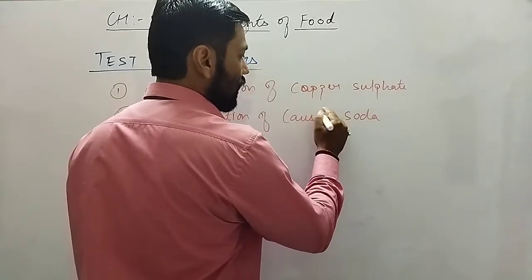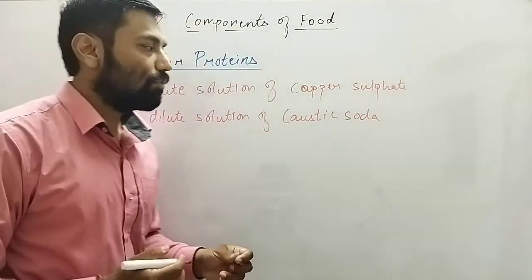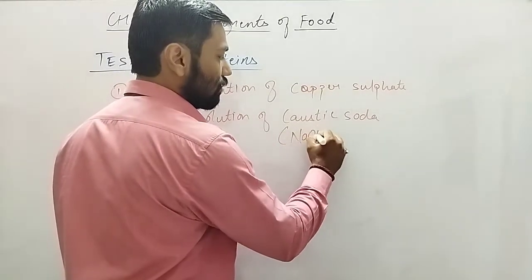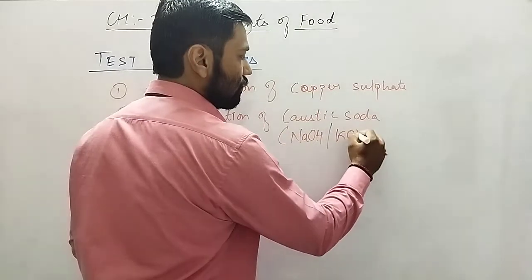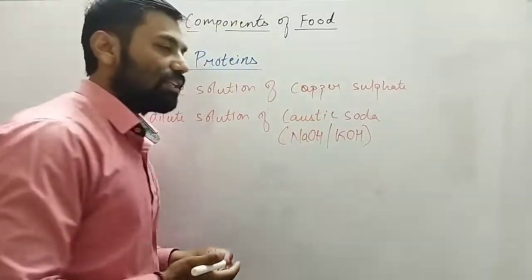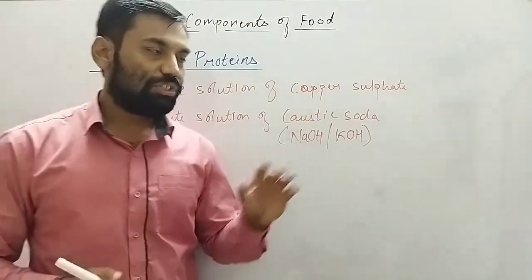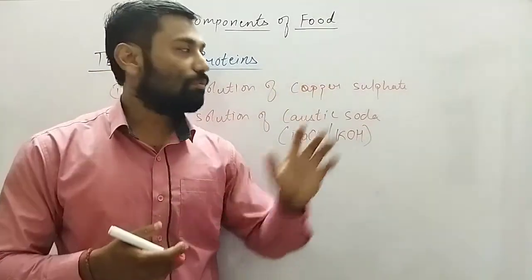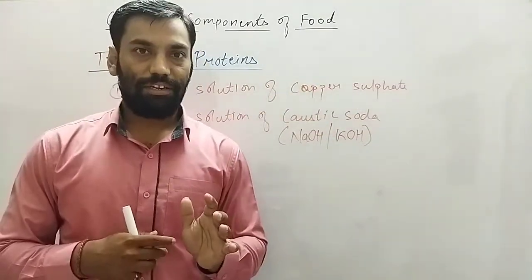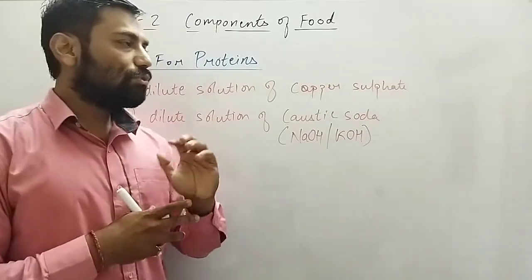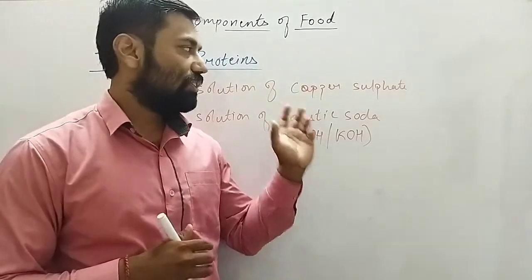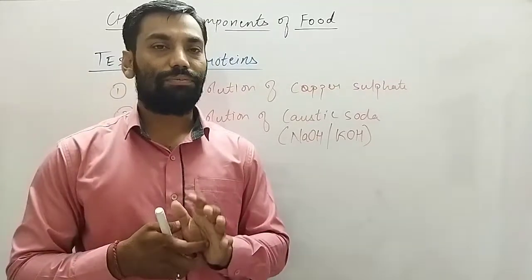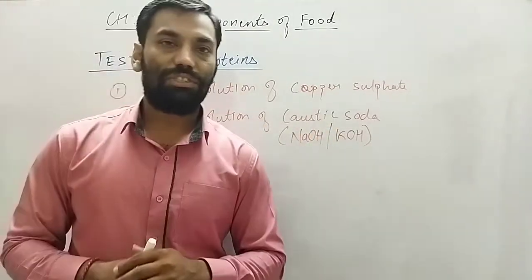Caustic soda, you can take it as NaOH or KOH. These are the chemicals that are used in the test. Technically, you might not know what copper sulfate is, as for grade 6, but as you move to higher standards you will get to know what copper sulfate contains, and why we call it copper sulfate and why we call it caustic soda.